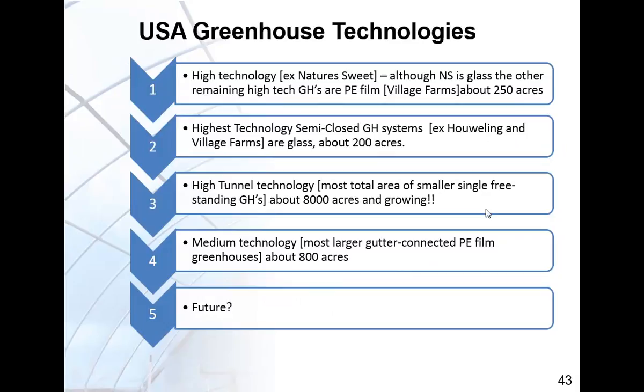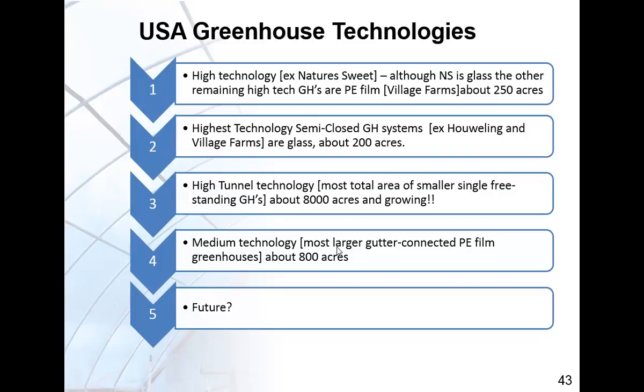If we look at the extent of the technology in the U.S., the high technology, as we just saw, and the high tunnel, number 1, and then number 3, there is a semi-closed greenhouse system indicated in number 2 that increases yields tremendously. However, most of our greenhouses are in the medium technology range, number 4, which will indicate climate control, heating, as well as fan and cooling, ventilation, with automated irrigation systems.